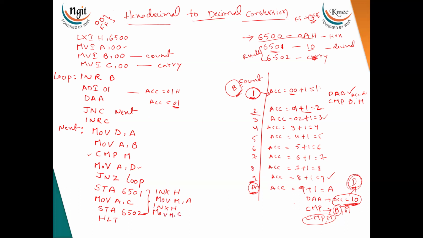So instead of writing this, you can also write this. Whichever is convenient to you, you can follow. STA means we are storing the accumulator into the memory location. This is direct addressing, and this is indirect addressing. This is the program for the hexadecimal to decimal conversion.